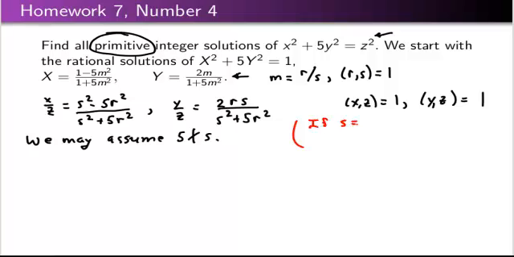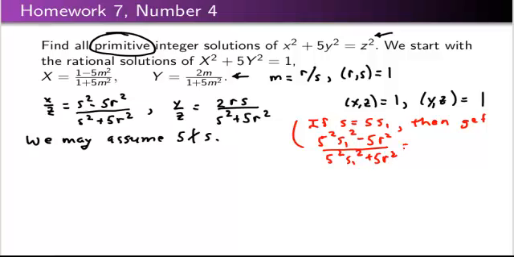If s is 5 times, say, s1, then you would have 5 squared s1 squared minus 5 r squared over 5 squared s1 squared plus 5r squared.